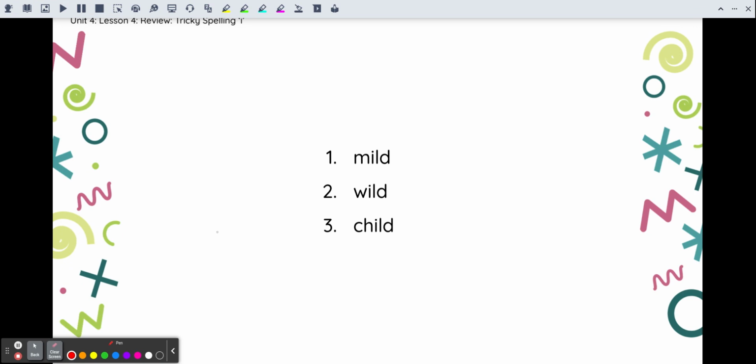The letter I is followed by a consonant in the first word. So when we sound it out, it will be mild. And the letter I is saying long I. Because the word milk is sounded out ilk.